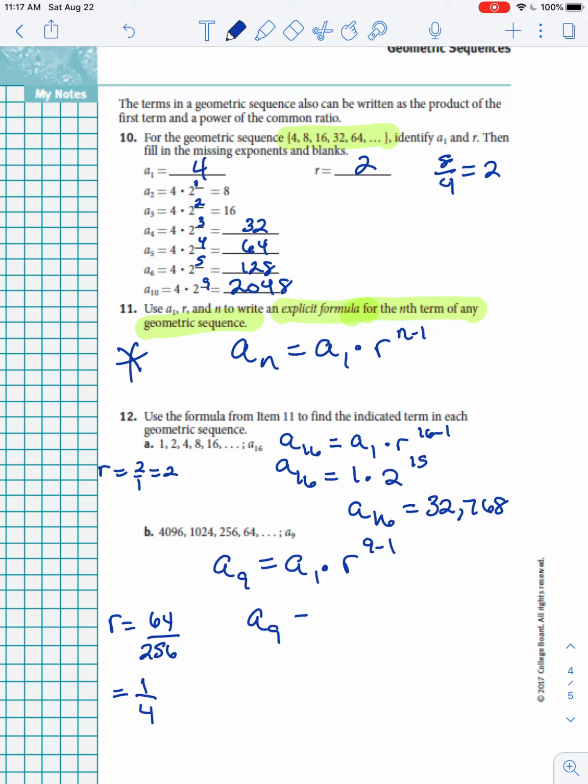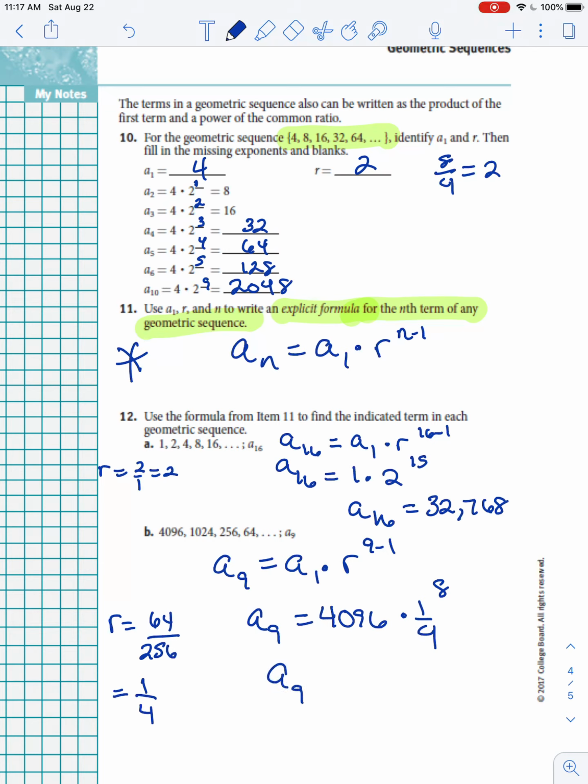So my a sub 9 is going to be the first term, 4,096, times the ratio of 1/4 raised to the 8th power. Now remember, you do have to use order of operations. So you have to take 1/4 to the 8th power before you multiply by the 4,096. But you can do it all on your calculator.